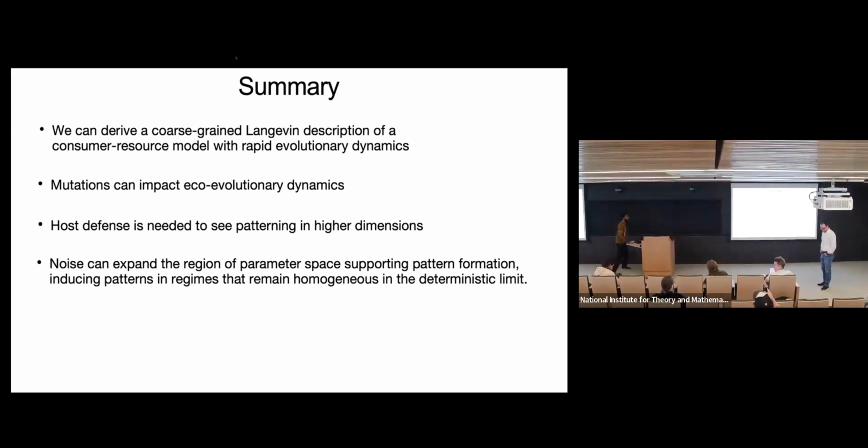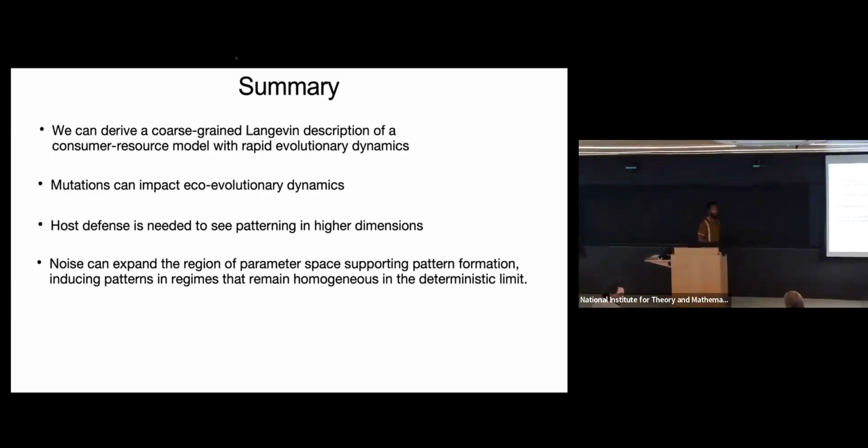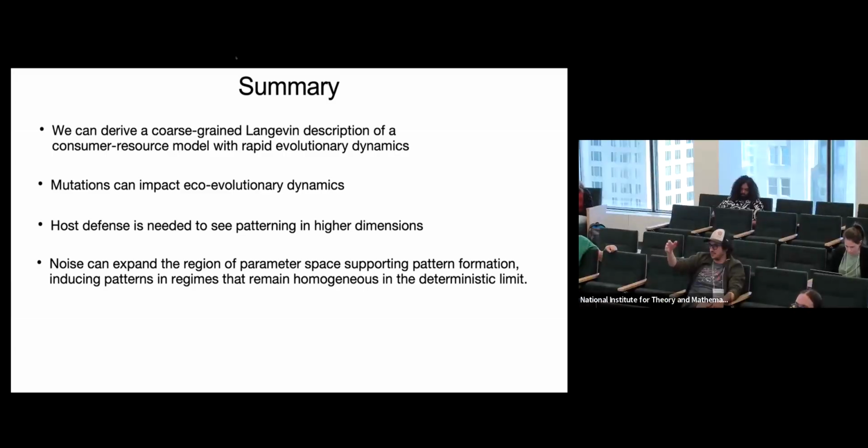Can you give some intuition for the noise-driven patterning? If you did some small noise approximation, is it that you have all stable wave numbers, but the least stable ones get excited by noise? I think so, yeah.